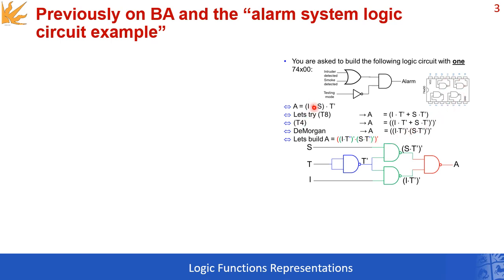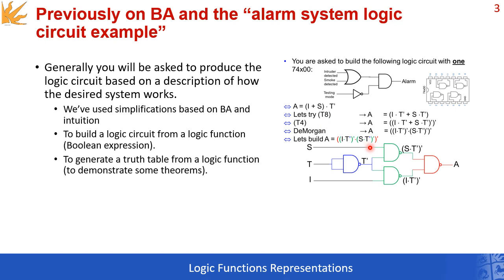And what we've seen together is that you can do things based on inversion. In general, you will be asked to produce a logic circuit based on some description, like the one you've seen in this example, asking to use only NAND gates.